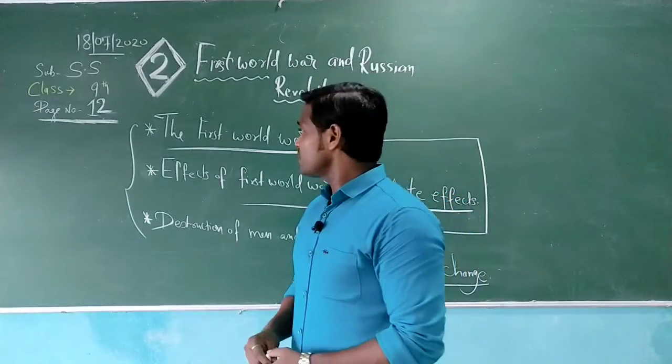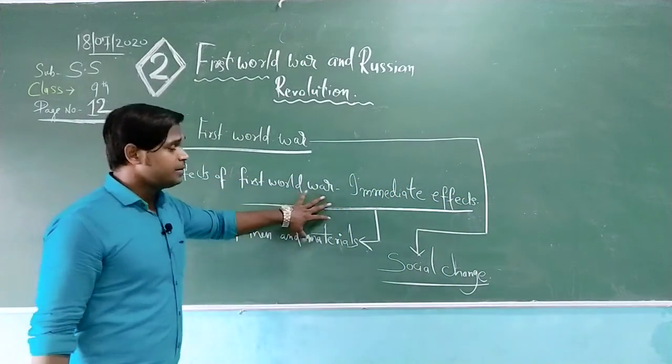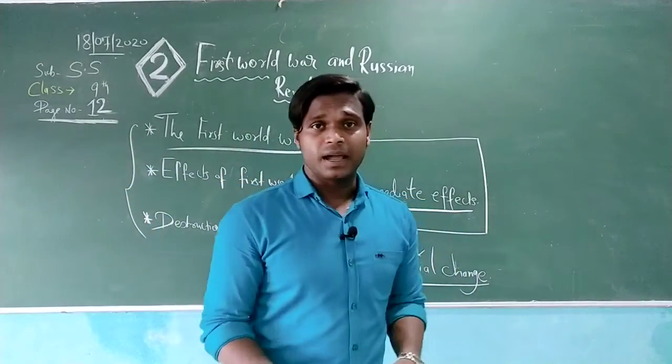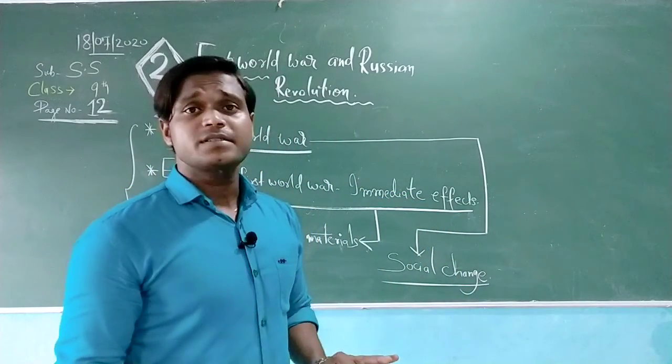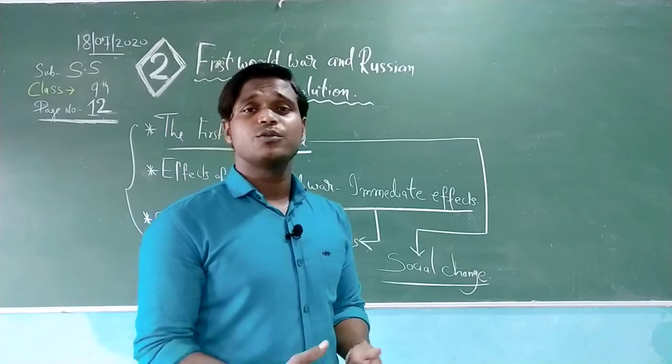So today's lecture is all about what I am teaching you and have written behind me on the blackboard. In the first chapter, we studied how the Britishers came to India, what they did in India, and how they ruled.